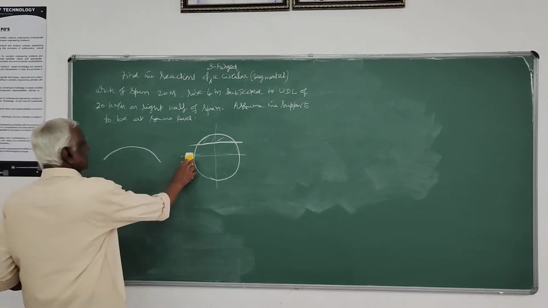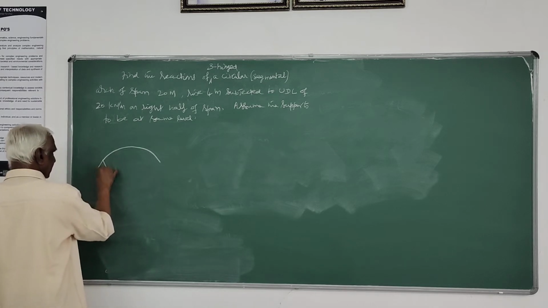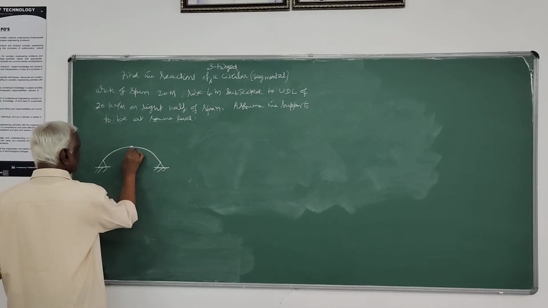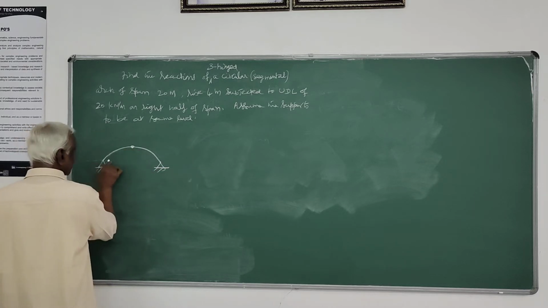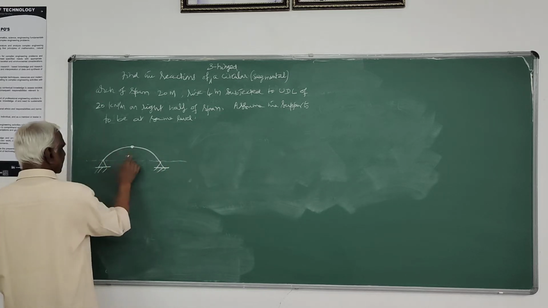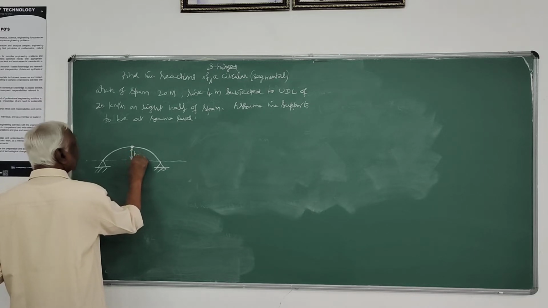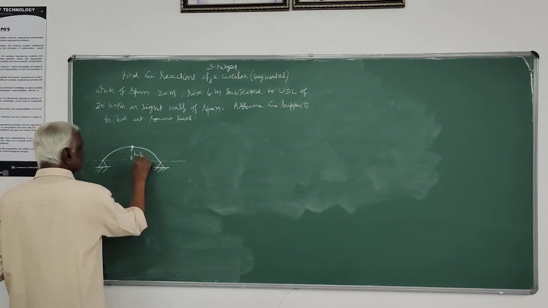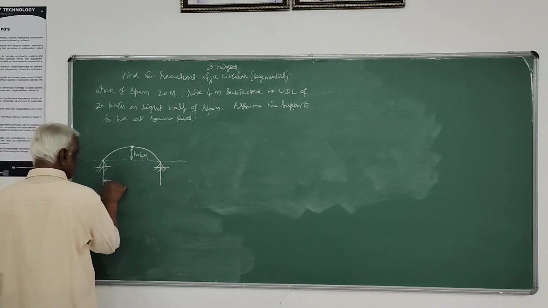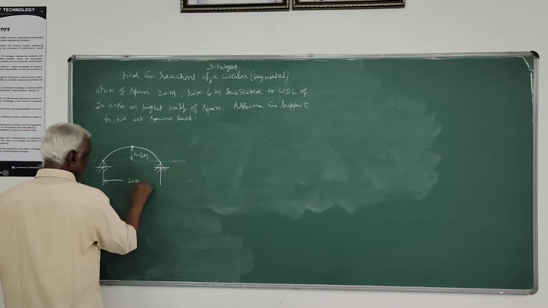So let us take this example. This is a circular arch, a portion of the circle, with 3 hinges. That means 2 hinges will be at the end supports, and 1 at the apex. Here the vertical height at the apex is called the rise, and that is given as 4 meters, and the span, which is the distance between the 2 end supports, is given as 20 meters.